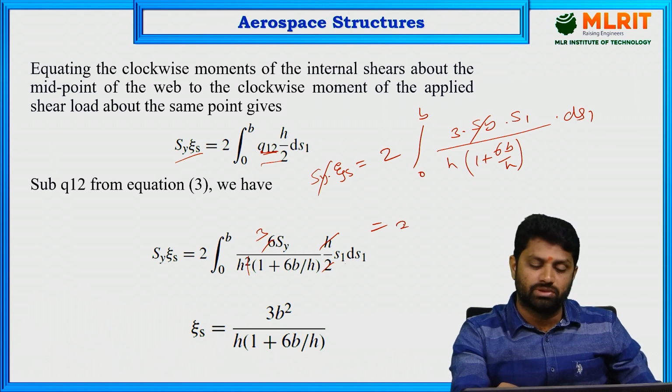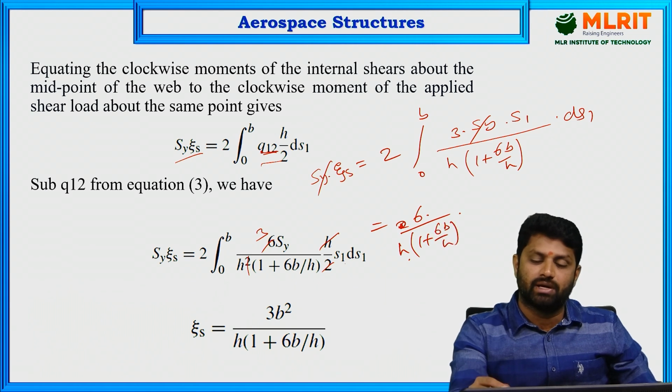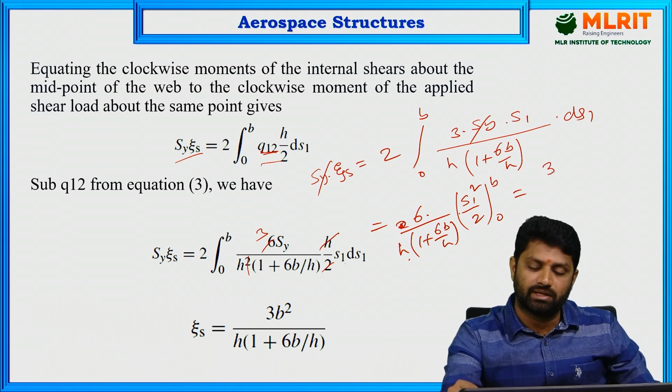So 2 into 3 becomes 6, and s1 and the rest of the terms you can write similarly, 1 plus 6b by h. Okay, and here it is s1. So s1 integration gives s1 square by 2, but here you have to substitute the limits 0 to b. Further you get 3 divided by h into 1 plus 6b by h into s1 square, that is b square.